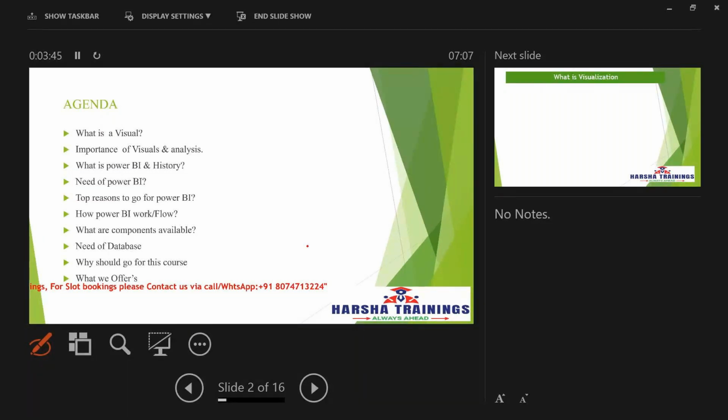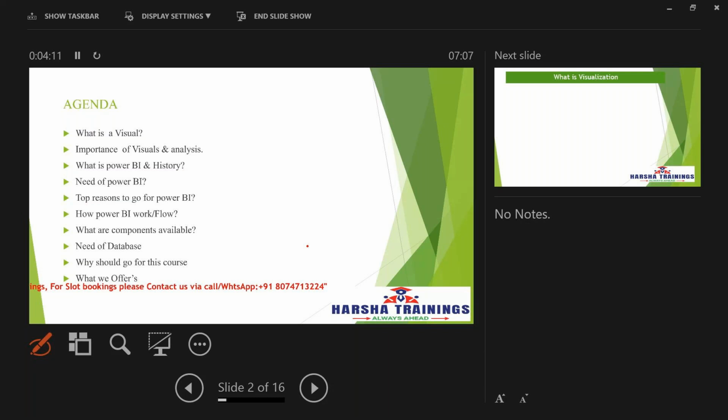It helps you analyze the data. How can we analyze it? With the help of creating visualizations, right? So we can call it a data visualization tool, or a data analysis tool.